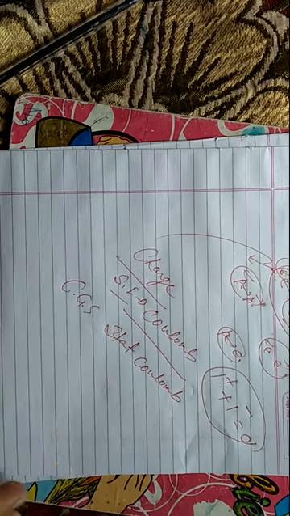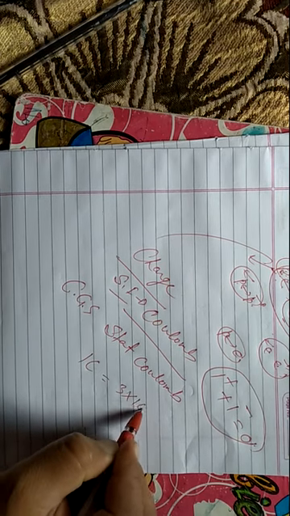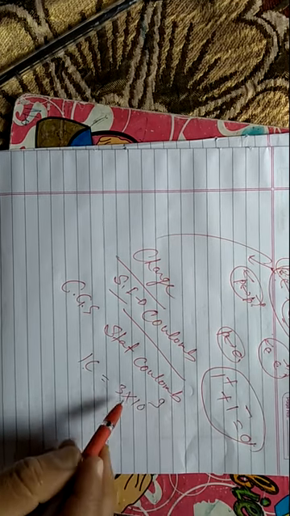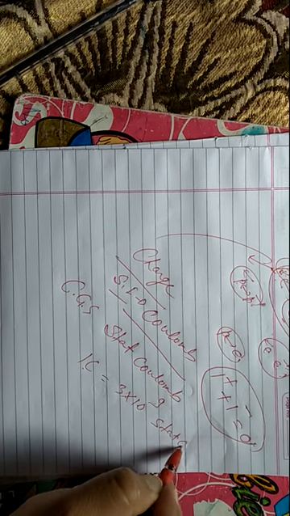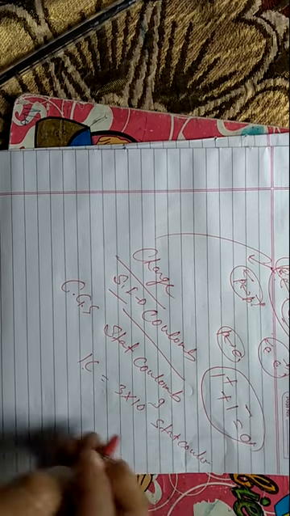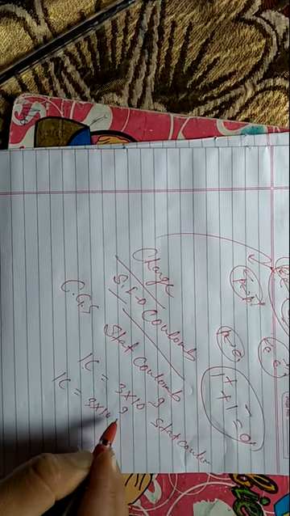Now, what is the relation? 1 coulomb is equal to 3 into 10 to the power 9 stat coulomb.